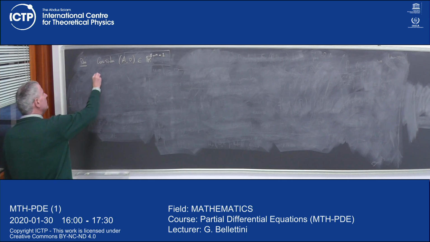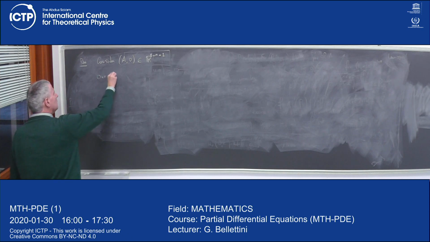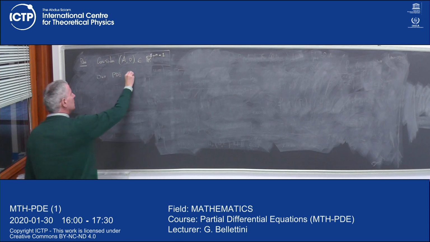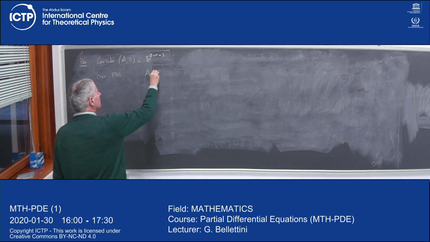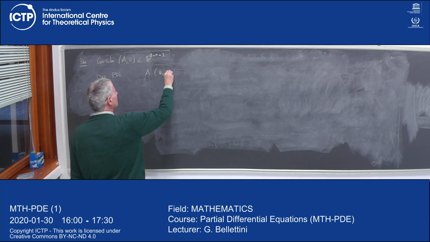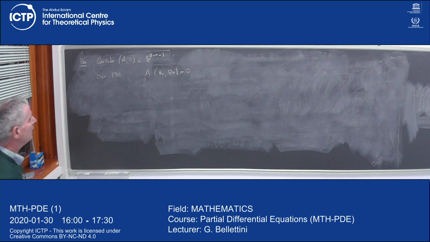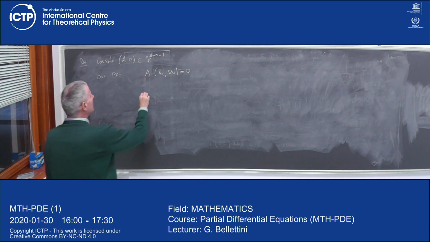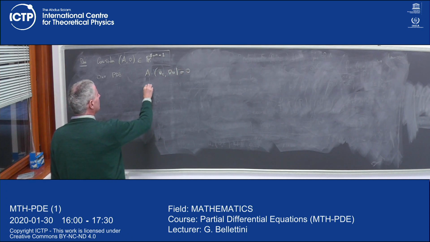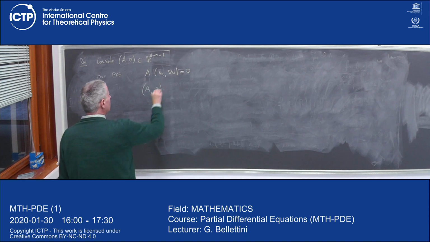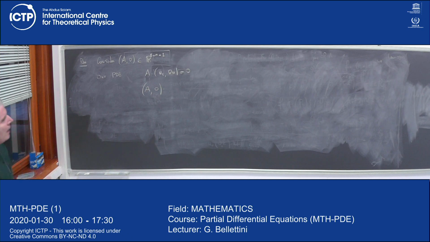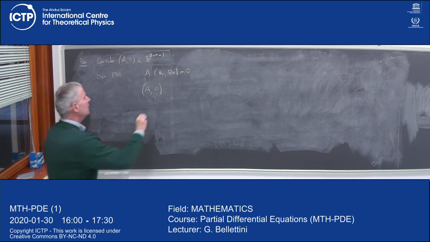Our PDE was saying A dot grad u equals 0. Okay, well, it can be also written clearly in the following form here, in R1 plus n plus 1.